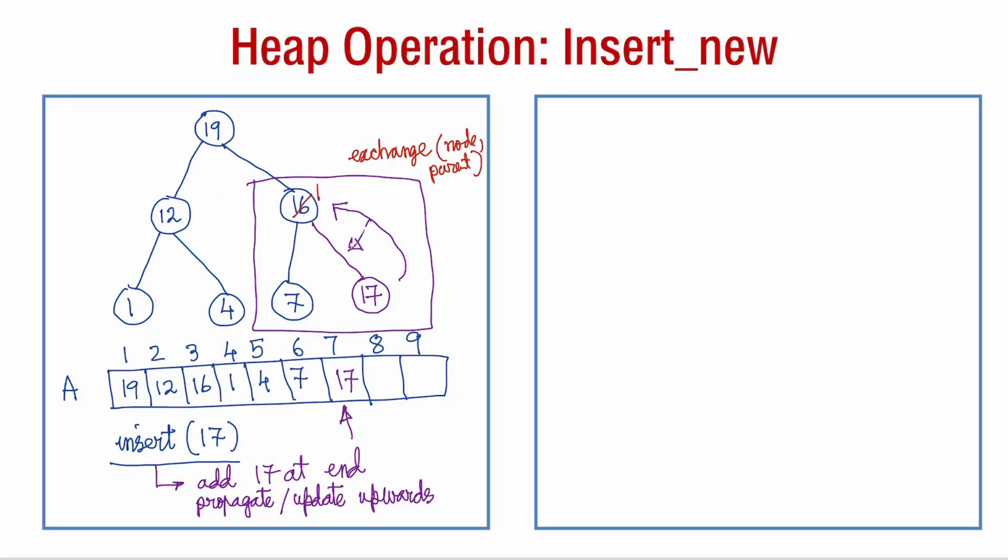And therefore this will become 17 and this will become 16. After it has updated this, it will then check, because of this new node insertion, only this value. If it was something else, it wouldn't have been a problem. Now after this has been updated, it has to check again here. Checking with 19, it finds that this is fine. So it will stop here.